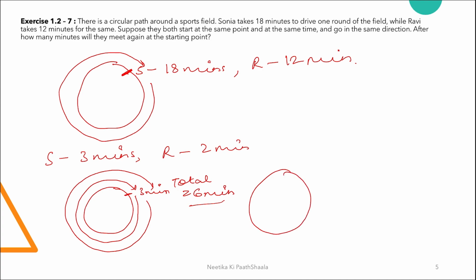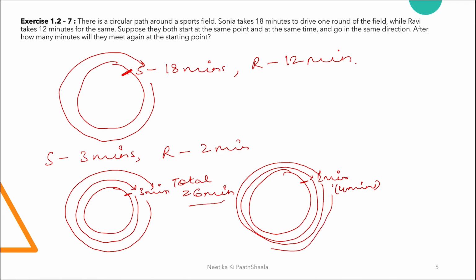और अगर हम रवि को देखें, so he starts from here, he takes 2 minutes to complete one round. अगला चक्कर वो फिर लगाएगा. He will take another 2 minutes to complete the second round, which is total 4 minutes now. And अगला वो फिर से चक्कर लगाएगा and he will take another 2 minutes. That means total 6 minutes.